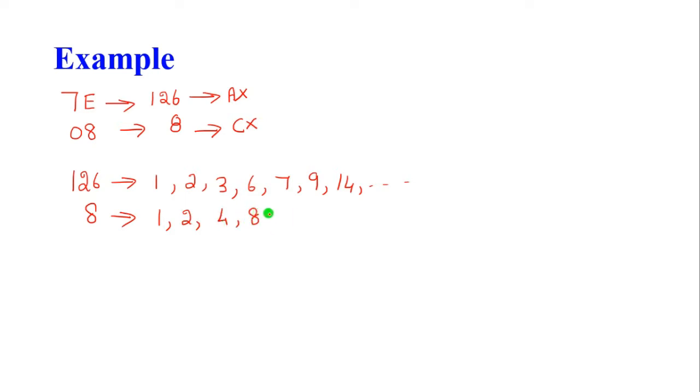Here we are going to check which one is the greatest common divisor. Which one is common here? 2 is common and 1 is also common. Clear? Which one is the greatest? 2 is the greatest. This is a simple method of finding the greatest common divisor.